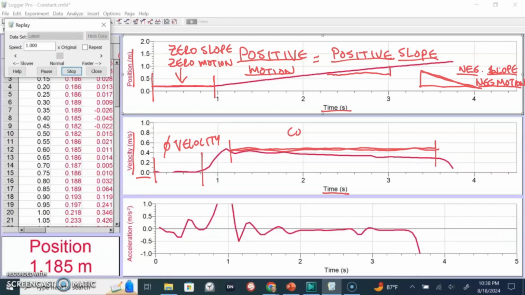So constant velocity would equal a flat line, or let's say no slope. Instead, in actual fact here, the car is slowing down a little bit. So we have a negative slope.